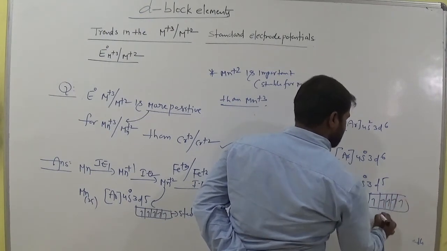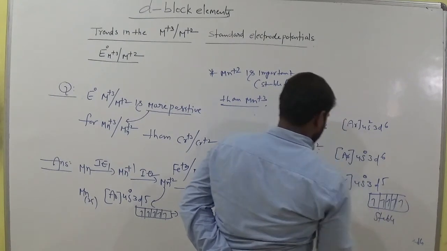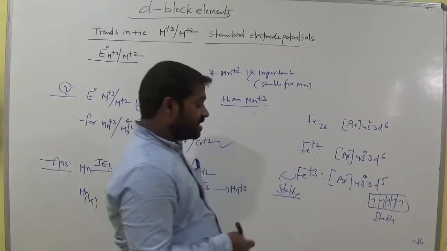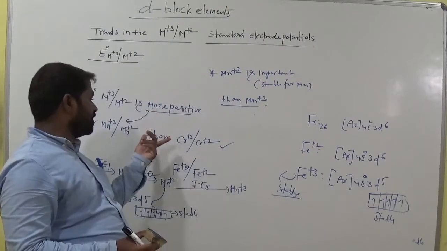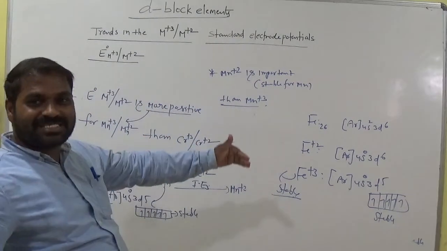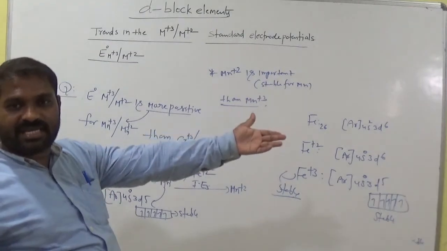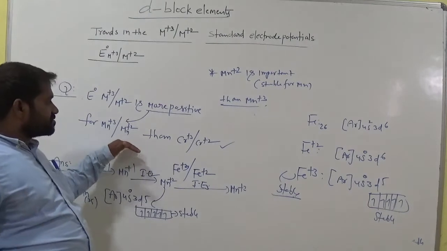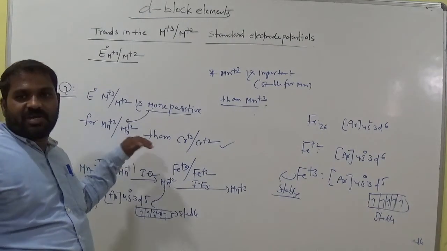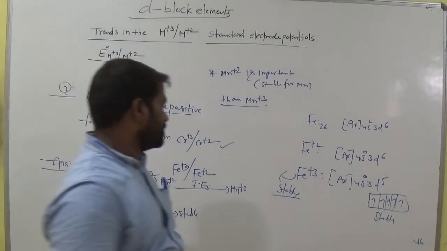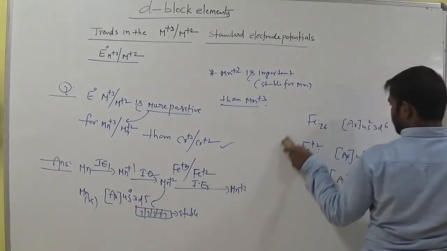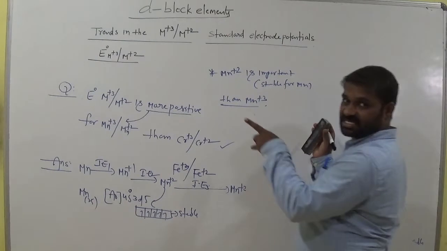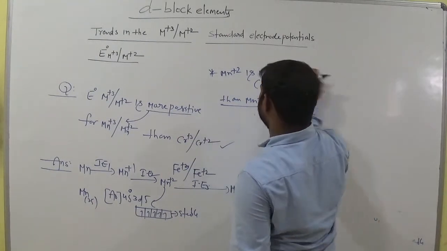So it is stable. Fe+3 is stable, clear? So Fe+2 and Fe+3 can exist. Fe+2 is able to lose electrons, so it has positive electrode potential values. Remember this. So Mn+3 is an unstable condition, so it has more positive values.